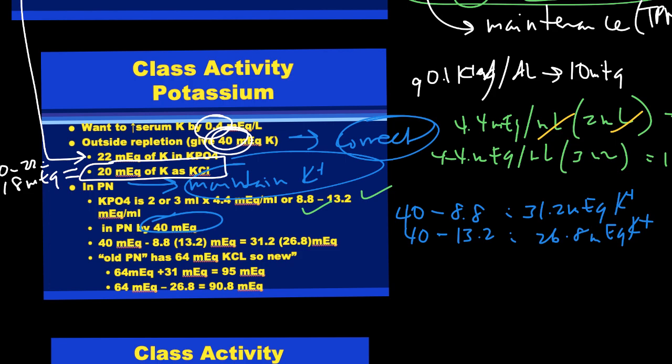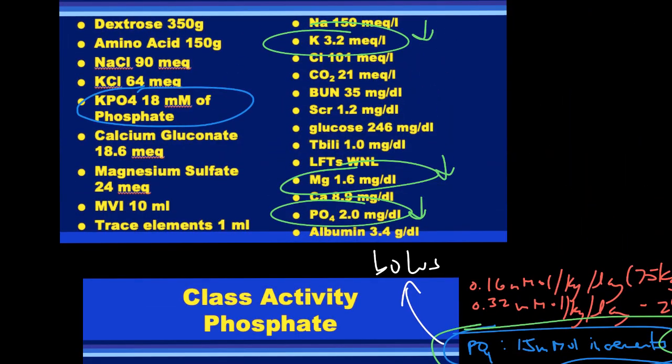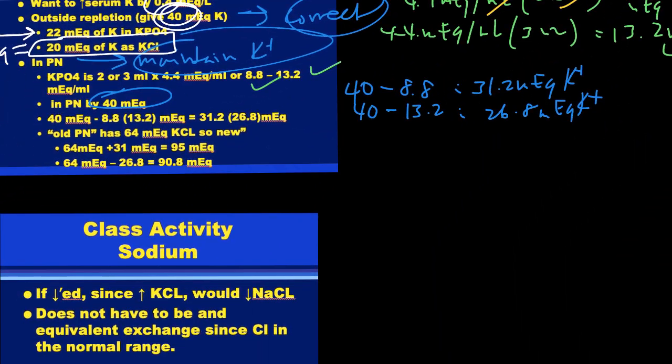Let's see. So we're going to give it as potassium chloride according to her. So potassium chloride is 64. So now we have to give 64 milliequivalents of KCl plus 31. Let's say 31, to make your math easier.